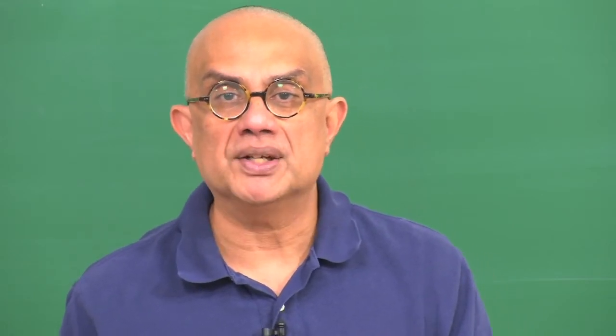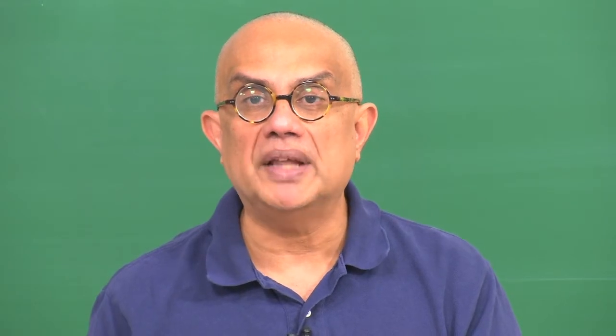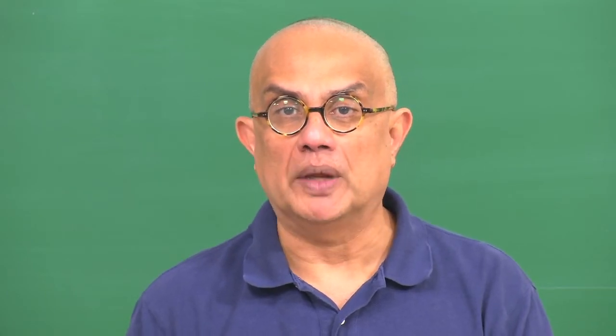So, given that that is our goal, let us spend a few minutes, it takes maybe 5 to 8 minutes at most, trying to think how to write out these indicator polynomials that have this magical property that they match the input and produce a value 1, and they mismatch the input, they produce a value 0. So, to compute this particular form using indicator polynomials, we will go to our favorite function and try to see, at least intuitively, how we would do that.